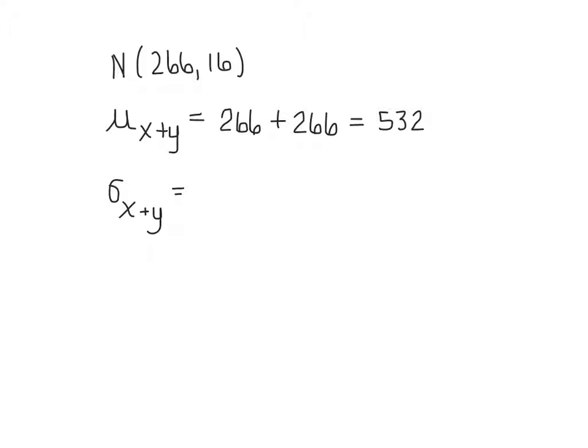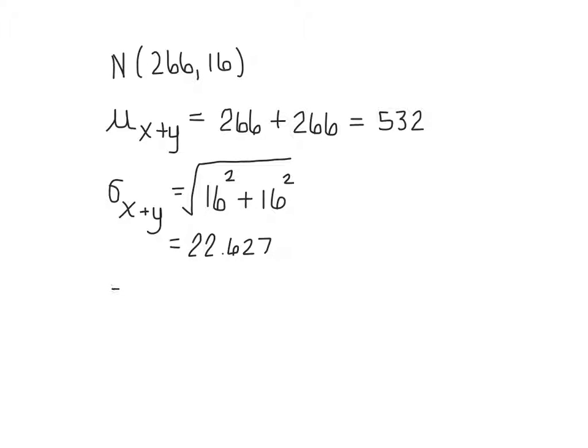The variance of the distribution X comes from is 16 squared, and the variance of the distribution Y comes from is the same, 16 squared. Then our standard deviation will be the square root of that sum, which is about equal to 22.627. So now we have a standard deviation and a mean.